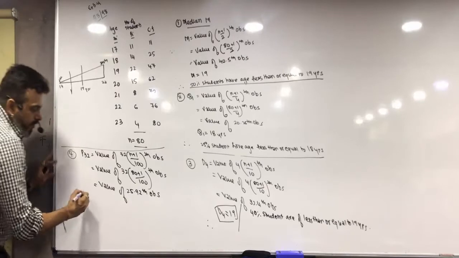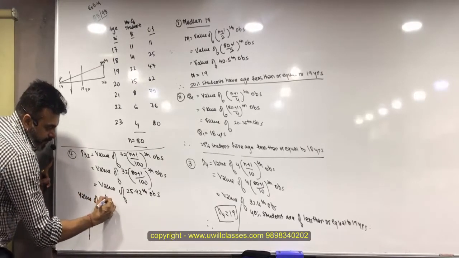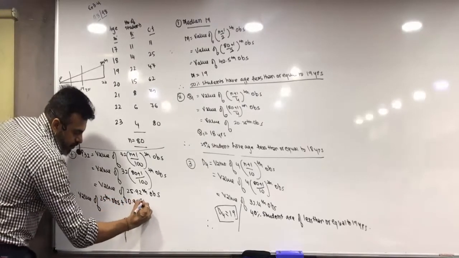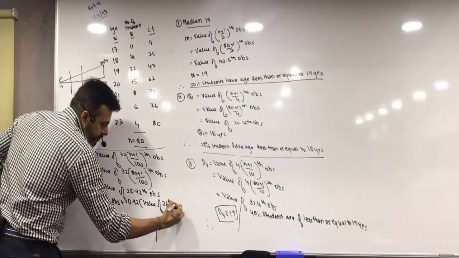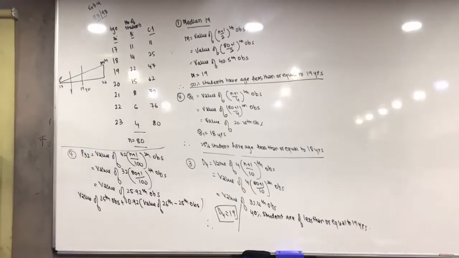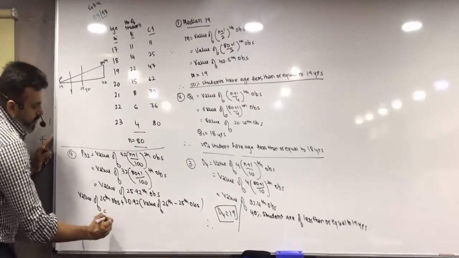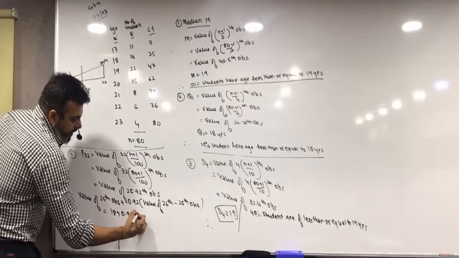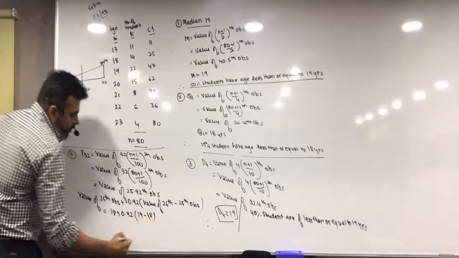So we use the formula: value of the 25th observation plus 0.92 times the value of the 26th minus the 25th observation. Do you all remember? Okay. So this is equal to the 25th observation, which is 18, plus 0.92 times the 26th, which is 19, minus 18, which is equal to 1.